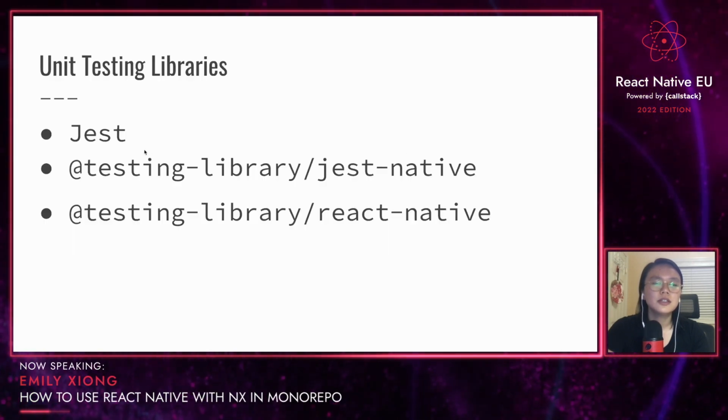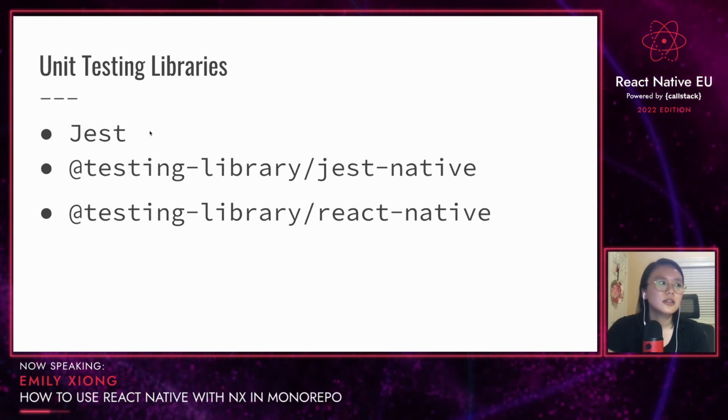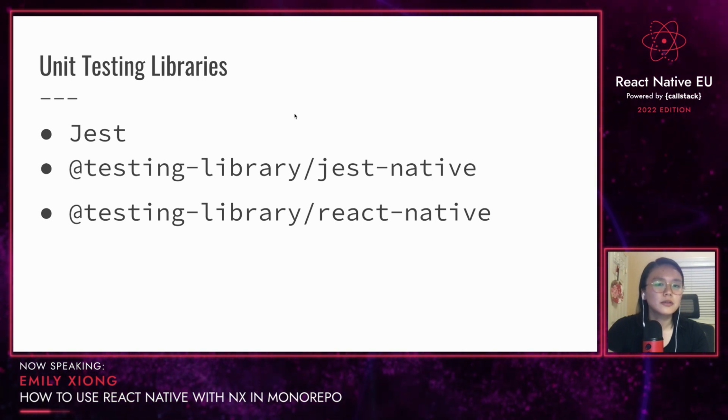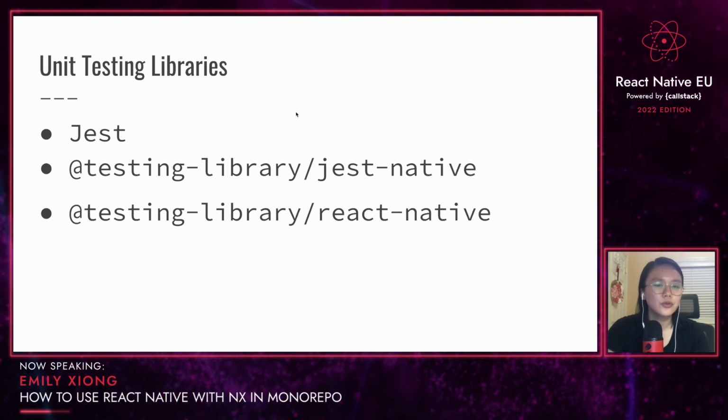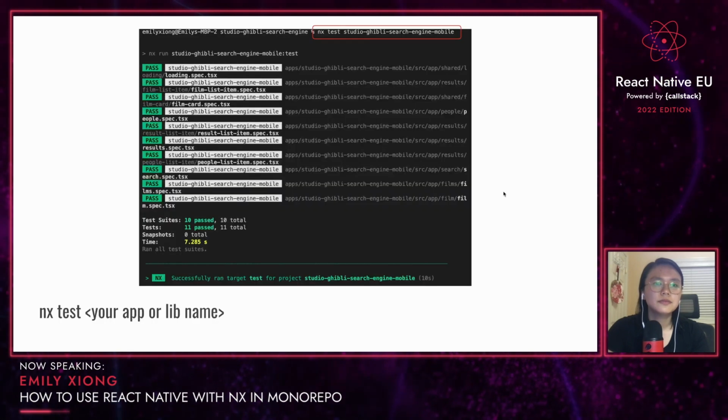This is the unit testing library that we're going to use. For Nx, these libraries are all installed for you by default, so you don't need to worry about installation and configuration. We're going to use the Jest testing library, Jest Native, and Testing Library React Native.